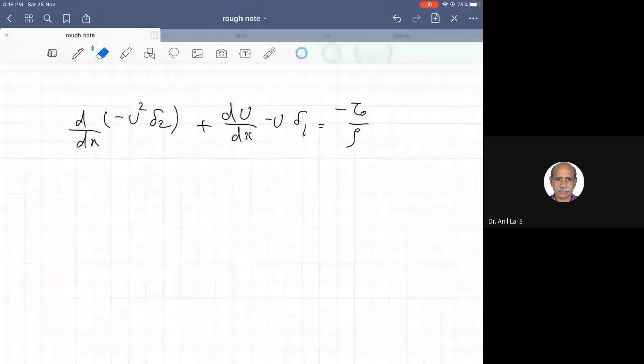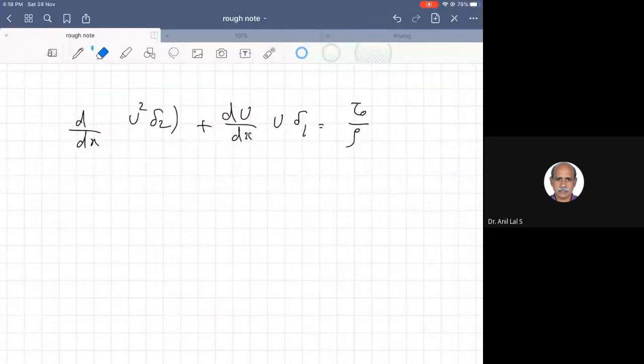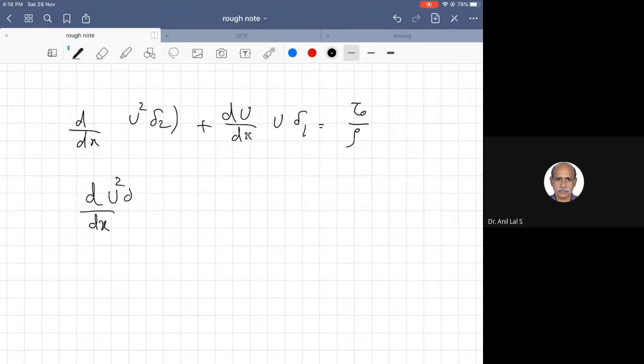Every term has a negative sign, here also, minus delta 1, so minus U delta 1. That can be changed, so it can be written in a more compact manner: d by dx of U squared delta 2 plus du by dx capital U delta 1 is equal to tau naught by rho.